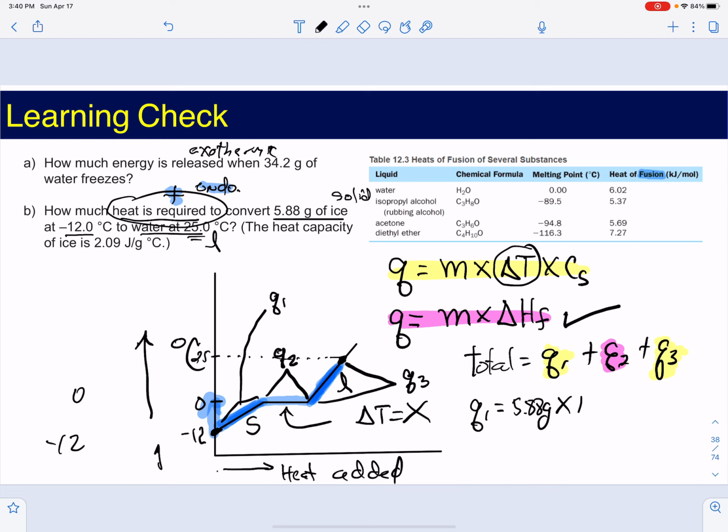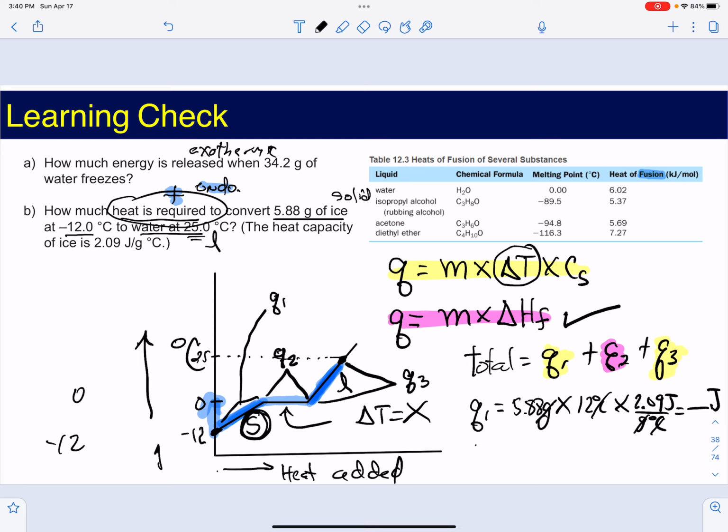So the change in temperature is 12 degrees Celsius, times the specific heat of the solid, the ice, which is 2.09 joules for every gram degree Celsius. So as you can see, the grams cancels with the grams, the Celsius cancels with the Celsius. So the only thing you're gonna have remaining is the joules.